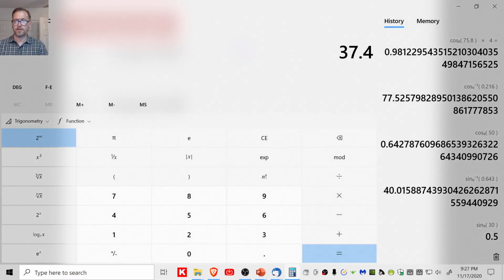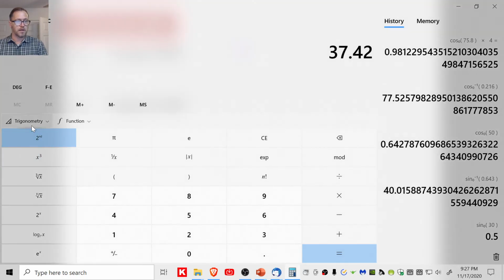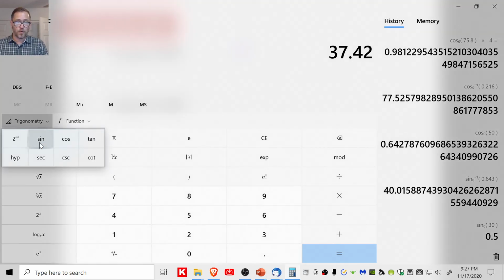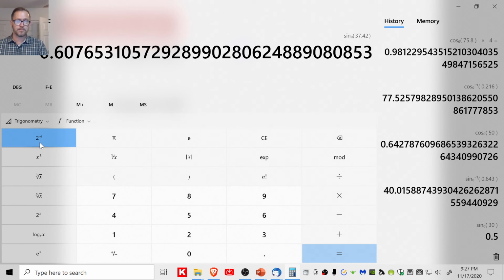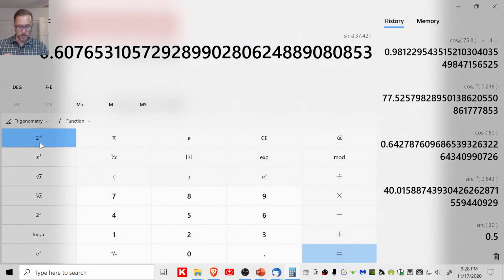All right, I'm typing in 37.42. Oh, they want sine, okay. Trigonometry, what's the sine of 37.42? Okay, 0.607. In other words, if you have a triangle and one of the angles opens up 37.2 degrees, then the opposite over the hypotenuse will be 0.607.